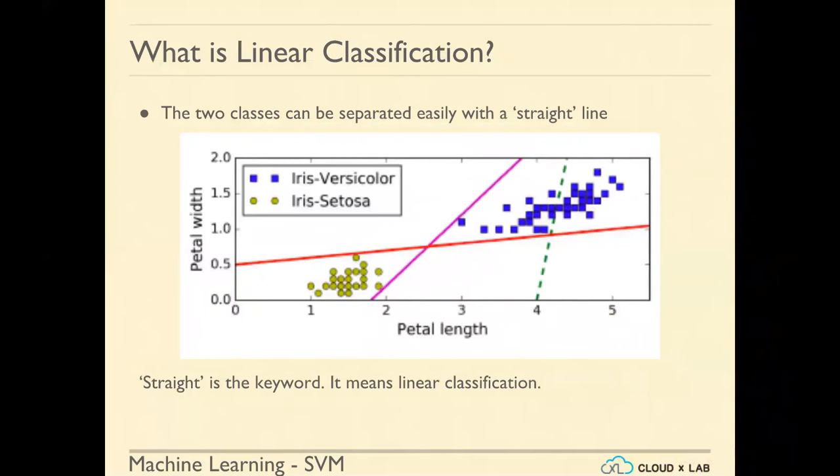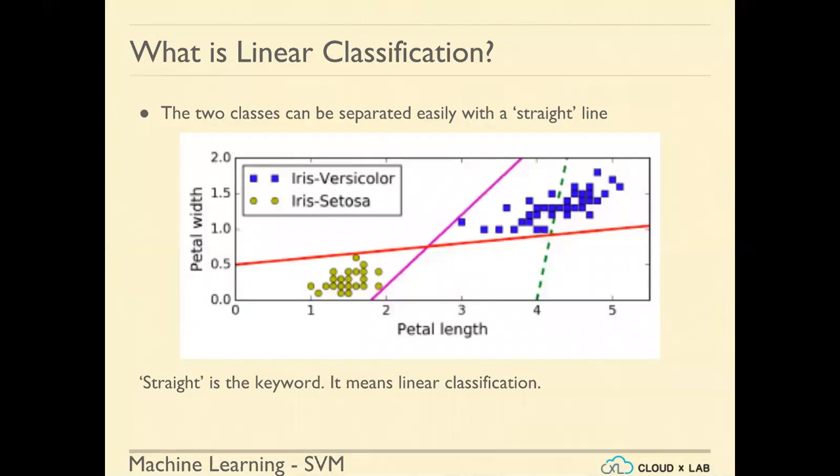Now, generally, when we are able to separate two classes with a single clean line, we call it linear classification, right?